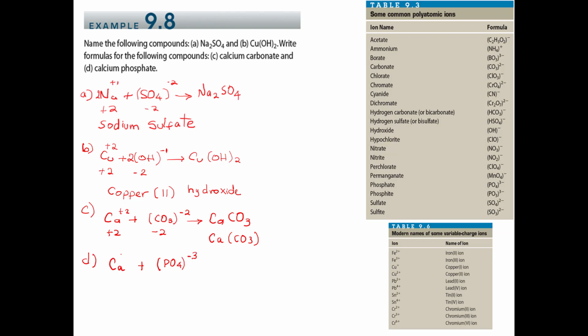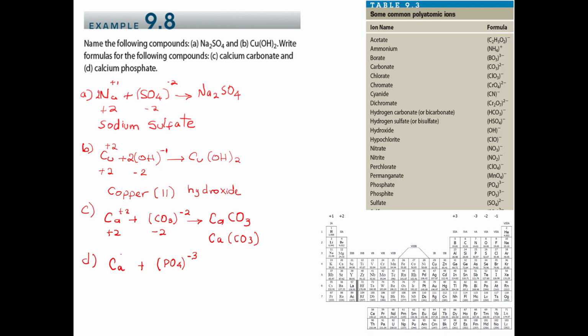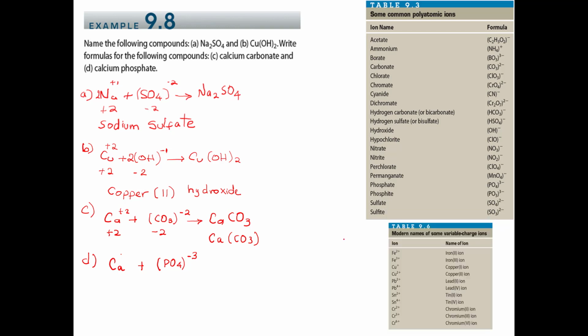Now let's see what is the charge for calcium. For calcium, we had +2 because calcium is in the second group, and it will be positive 2.